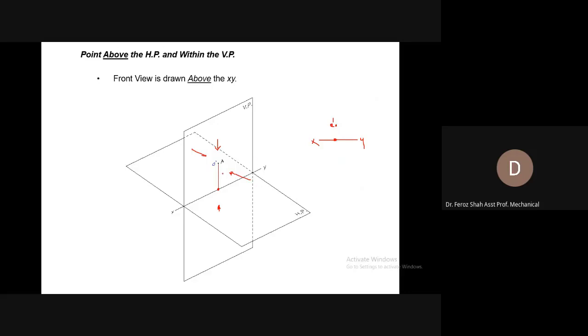So this can be reckoned as first angle projection or second angle projection. So when the point is at the boundary of the first quadrant and the second quadrant, the angle of projection that can be used will be either first angle or second angle, and using either of them would give you the same result.